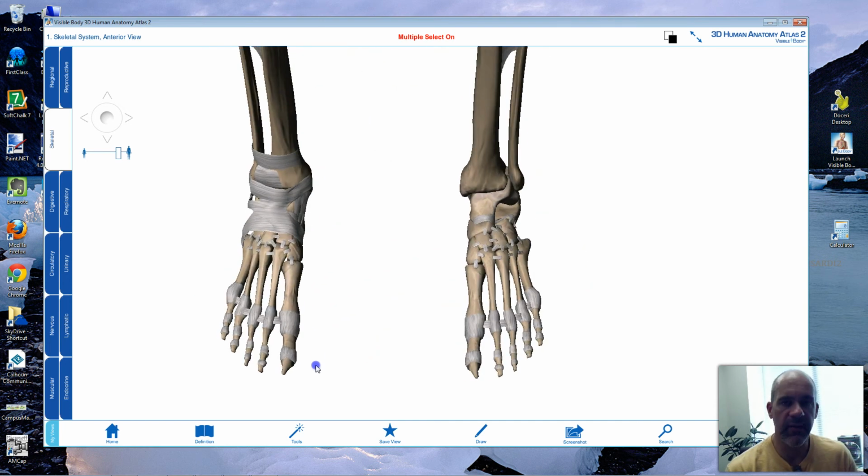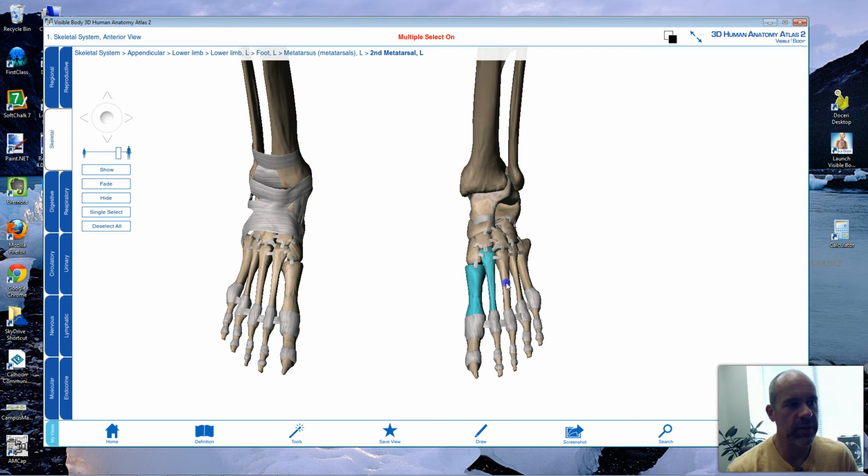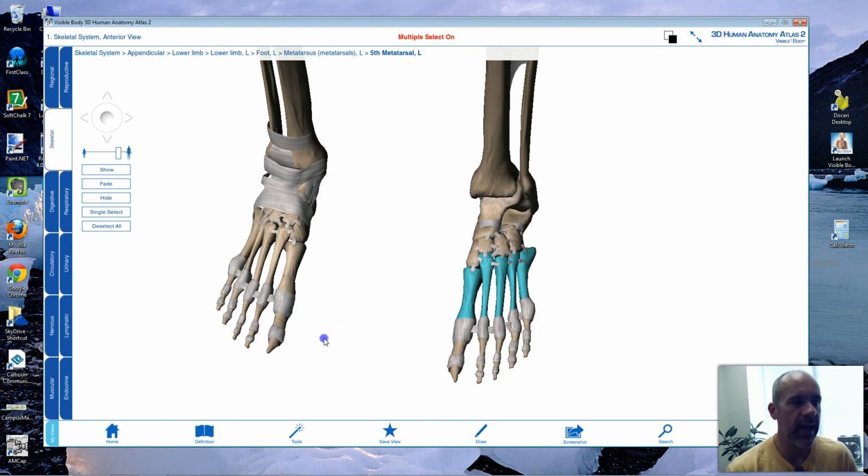All right. So in your hands you have metacarpals. Well, in your feet they're called metatarsals. 1, 2, 3, 4, 5. These are the bones of your feet. Those are not your toe bones. Those are analogous to your palm bones in your hands. And they're also numbered 1 through 5. So the metatarsal that is connected to the big toe is called the first metatarsal.